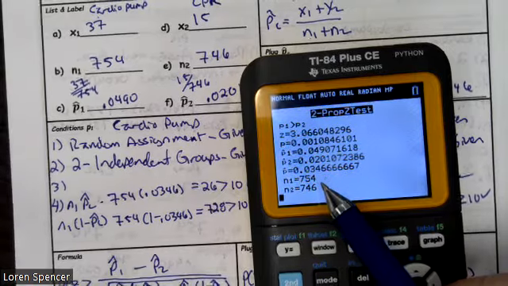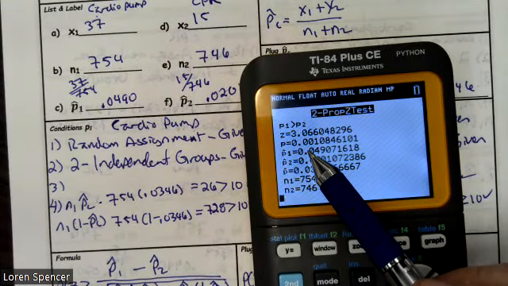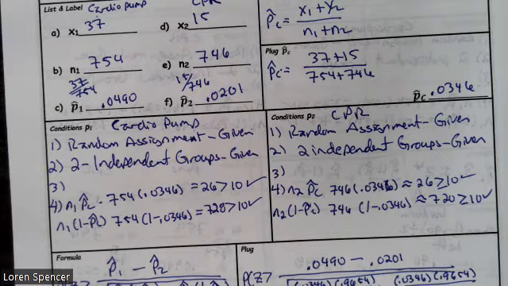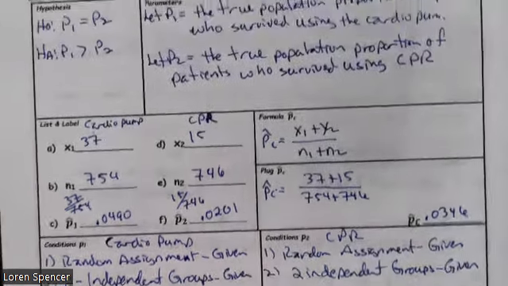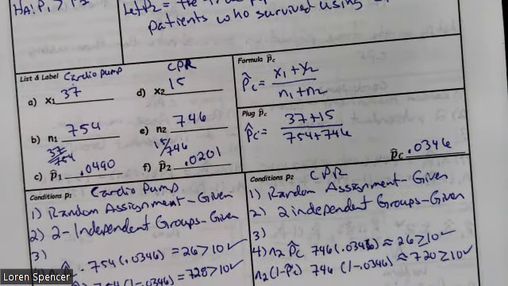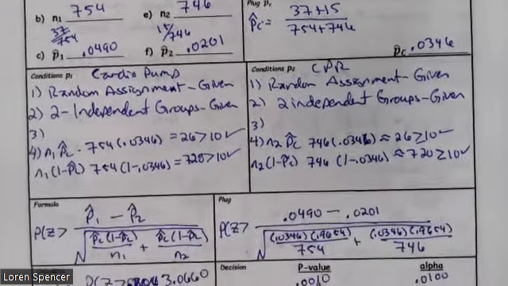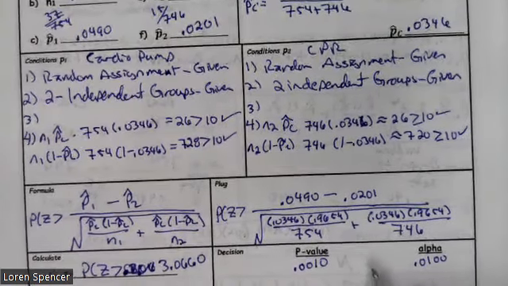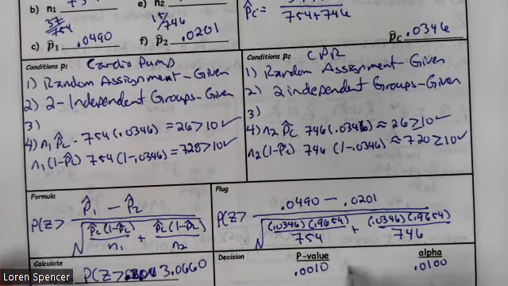And we ended up with a p-value of 0.0010. And it said to use an alpha level of 0.01. Well, this is clearly less. So our decision is to reject the null.